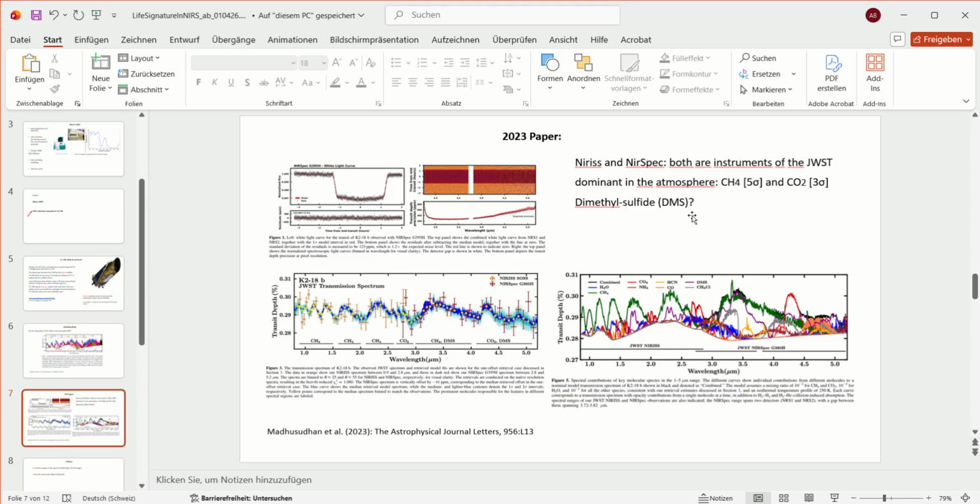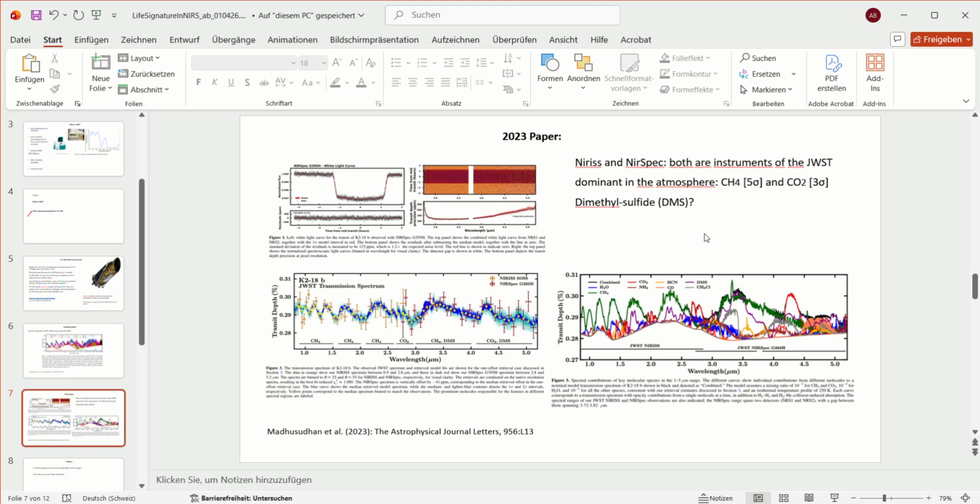That's one thing. And the other thing is the DMS is not really so safe, as we will see in the critique on the next slide. But here we see the spectrum, and here we see the error margins around the single gases. You can see for the CH4, they're really fitting well. And for the DMS data, the error margins are relatively large, so the measurements are not so secure yet.